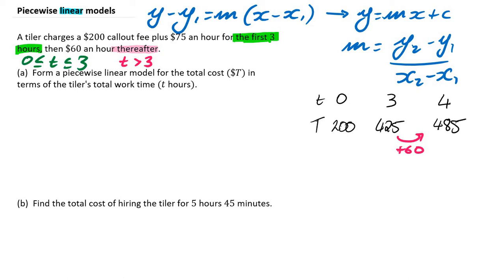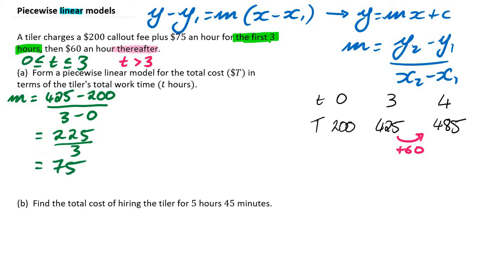At this point, we can now work out our two equations. So, for the first bit, the first 3 hours, the gradient is going to be 425 minus 200 over 3 minus 0. Hopefully you can see what this is going to work out as.